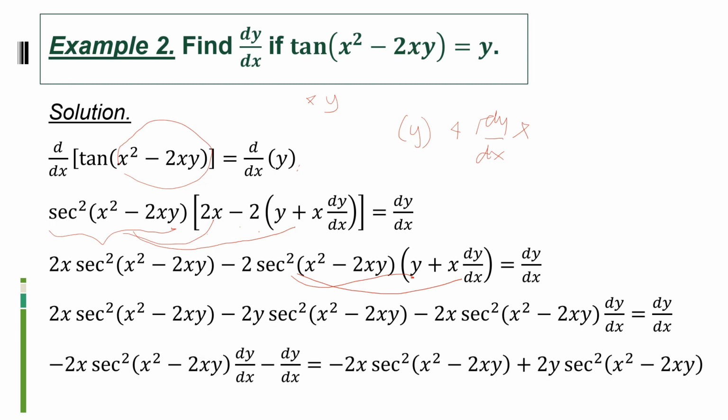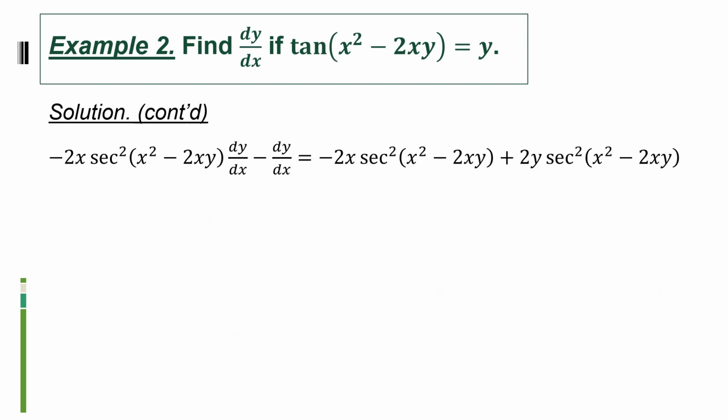So, let us now combine the terms with dy over dx. Let us move this part to the other side. So, we now have negative 2x secant squared of x squared minus 2xy dy over dx minus dy over dx equals the negative of 2x secant squared of x squared minus 2xy plus 2y secant squared of x squared minus 2xy.